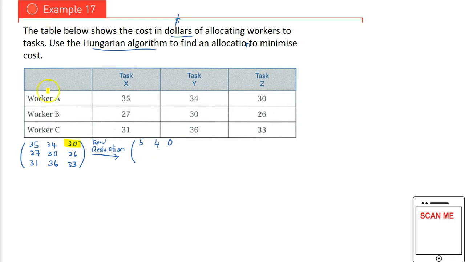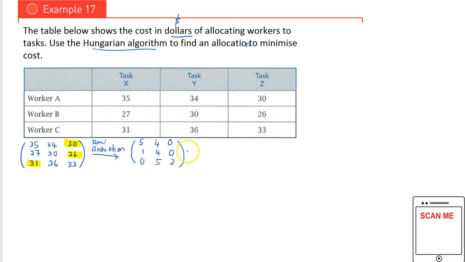Same for the second row, the lowest value will be 26. 27 minus 26, 1, 4, 0. And the last row, the smallest value will be 31. So 31 minus 31, 0, 5, 2.